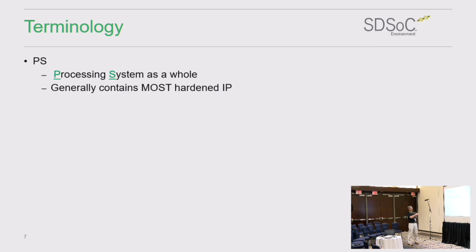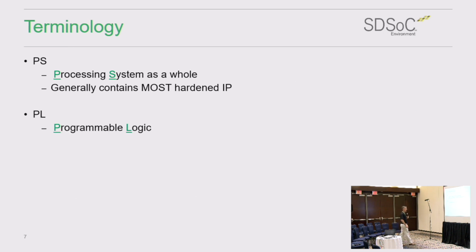When I talk PS, I'm talking about the processing system. Inside of an MPSoC, a Zynq chip, have you guys heard those terms at all? Okay. These are the names of the chips that Xilinx uses. On a Zynq MPSoC, there is a 4-core or 2-core A53 in there, and then you have the programmable fabric.